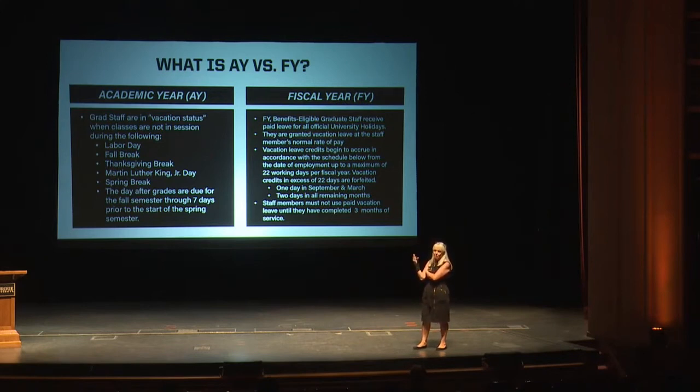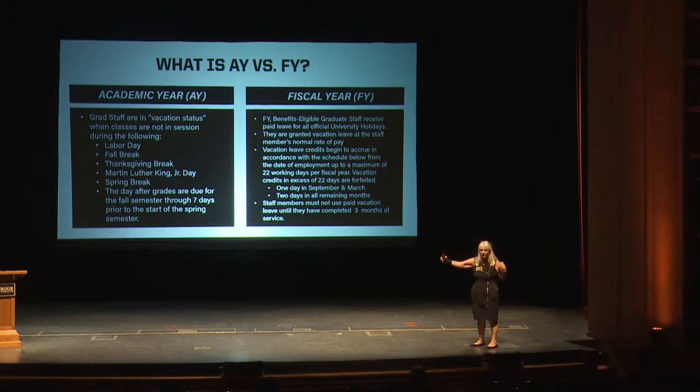For fall, we usually end about the second week in December, and we don't start back up until about the 8th or 9th of January. So there's a longer gap in between, and a lot of students who are international and want to travel home find that a good time to do it, because you've got a longer gap of time compared to other gaps if you didn't want to do it during the summer.